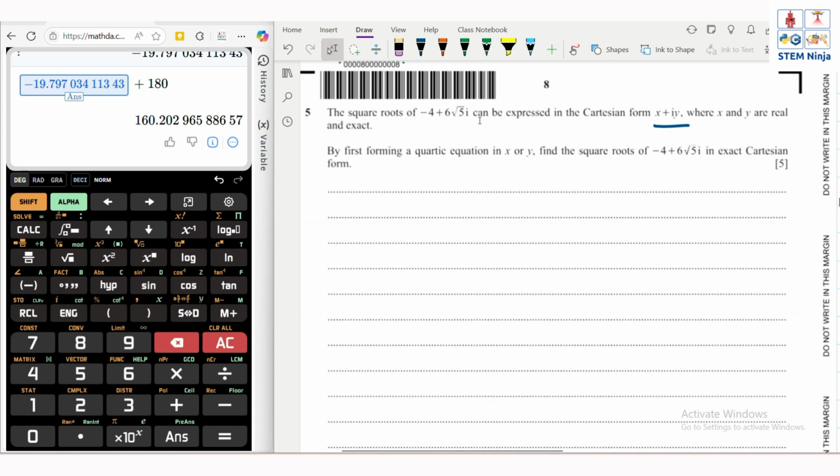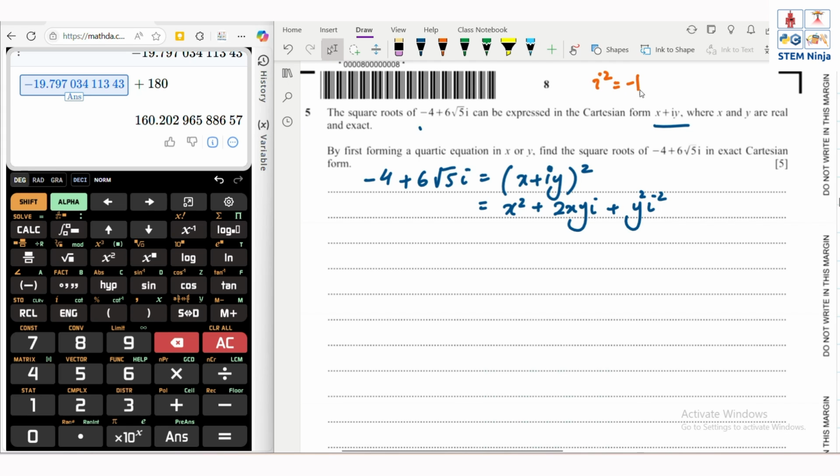So first, what we do, we know that if the square roots exist as this, the square can exist also. So rather than taking a square root, we can express it as a square. So the square of (x plus iy) can be expanded into x squared plus 2xyi plus y squared i squared. However, we know that i squared is equal to minus 1, so this term will become negative.